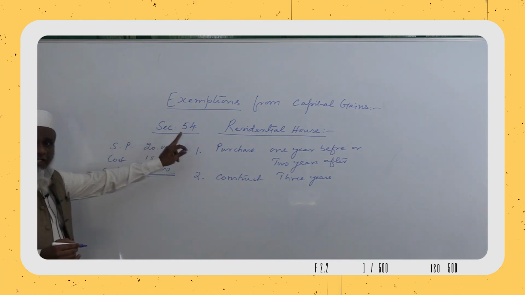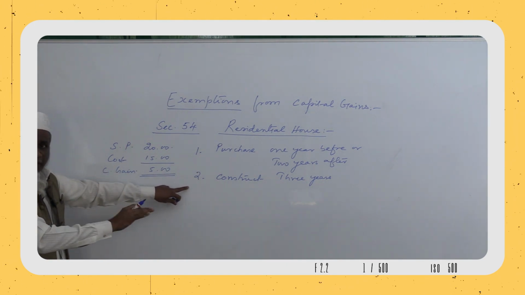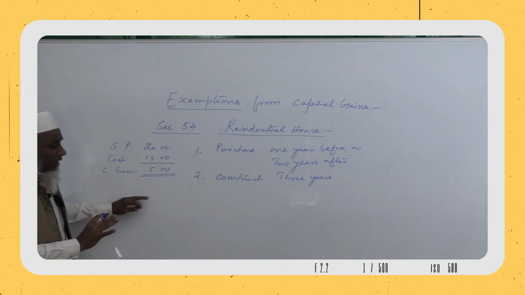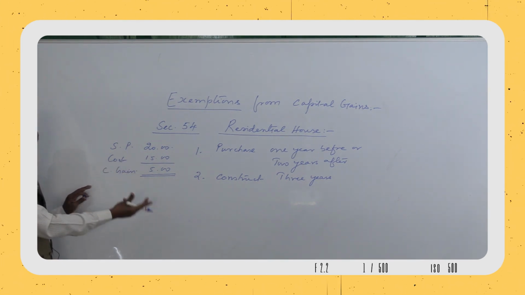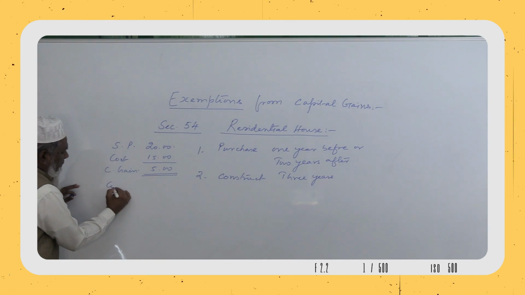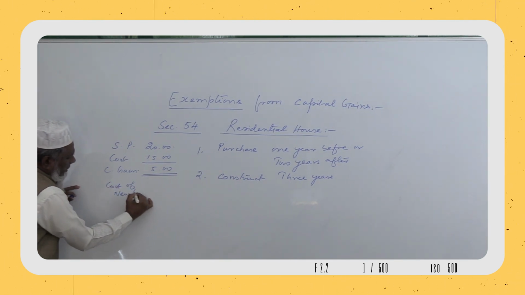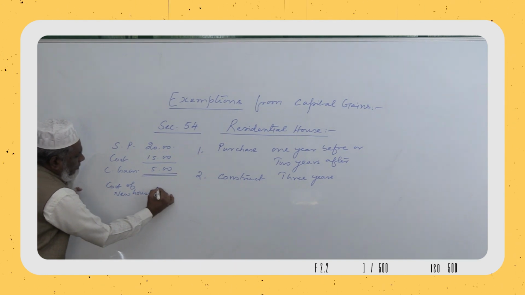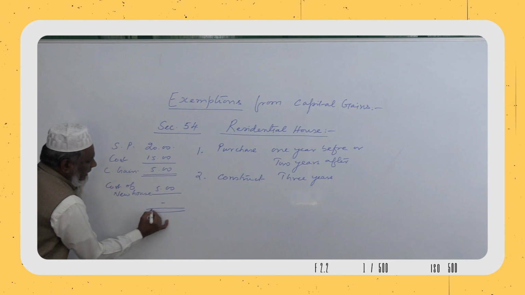If you purchase or construct within the time limit as per this section, and you are able to invest this 5 lakhs in another residential house, either purchased or constructed, say I have purchased for the same 5 lakhs, then what is taxable? It is nil.